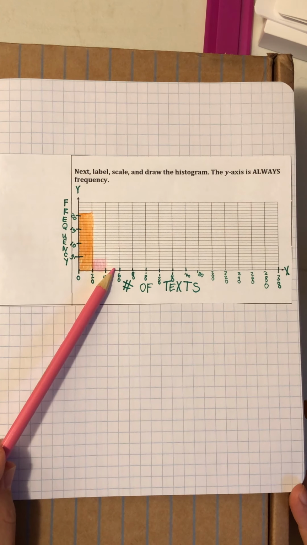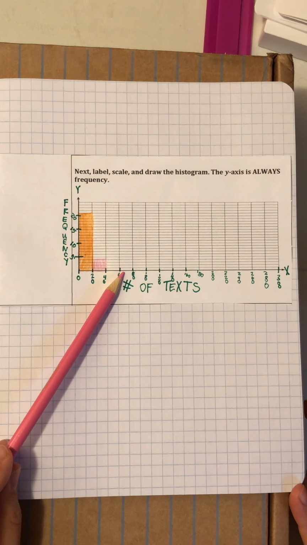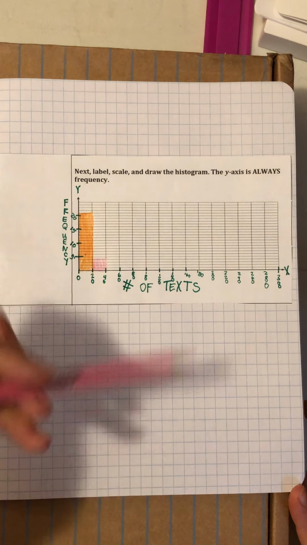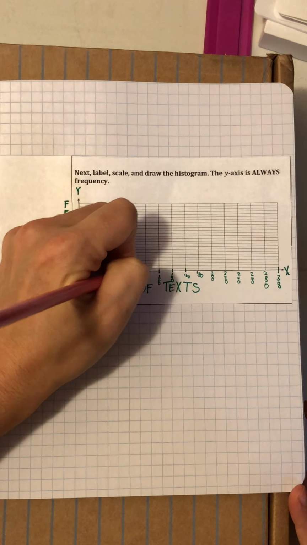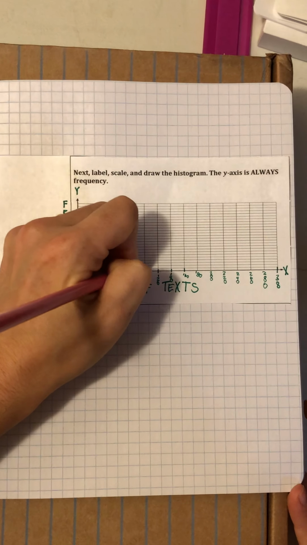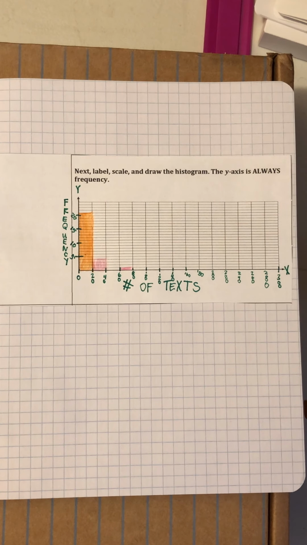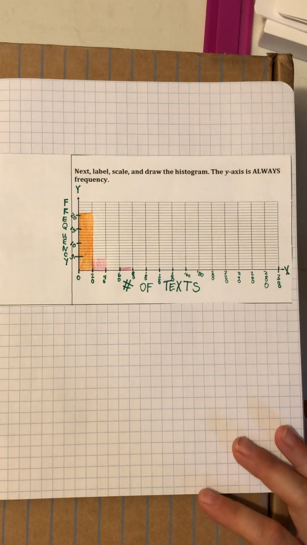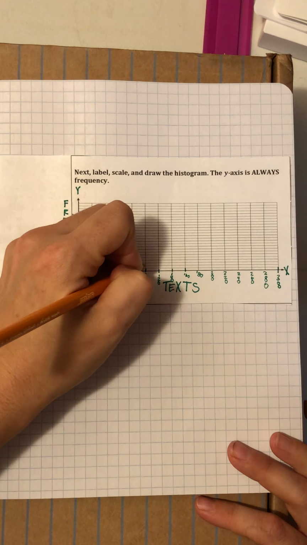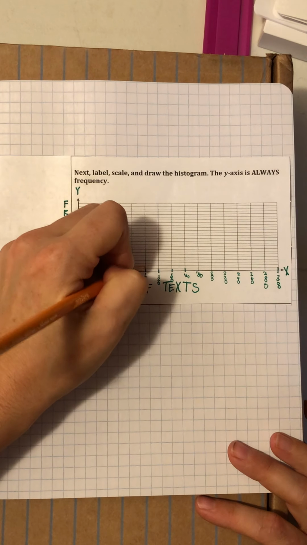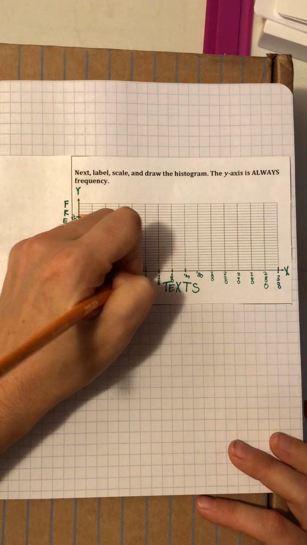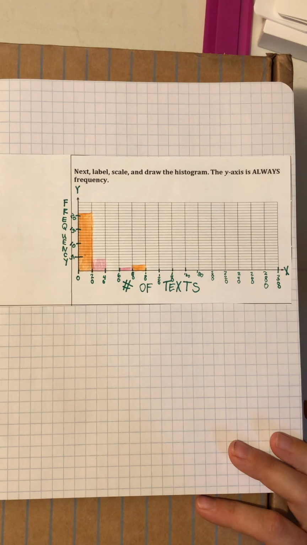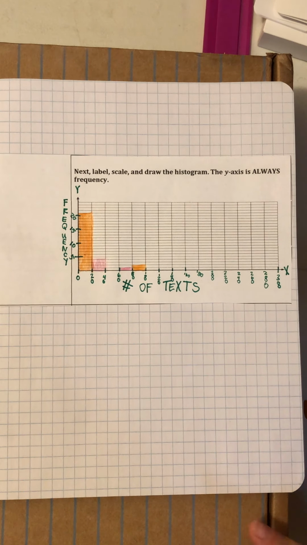And so that's supposed to be orange. So my next one's going to be pink. So 60 to 79 is just 1. Let me try to make that dark so you can see it on the camera. Okay. And then we've got 2. The 80 to 99 is 2. And then 100 to 119 is just 1.